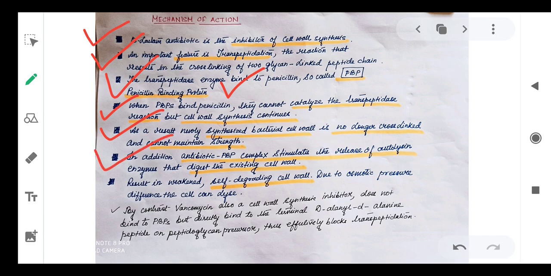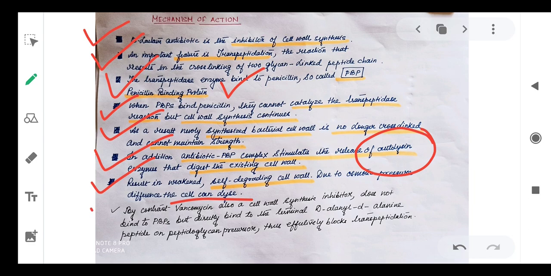In addition, the antibiotic-PBP complex stimulates the release of another enzyme called autolysin, which digests the existing cell wall, resulting in a weakened, self-degrading cell wall. So due to the osmotic pressure difference, the cell can now lyse.